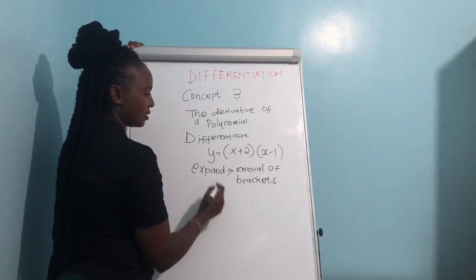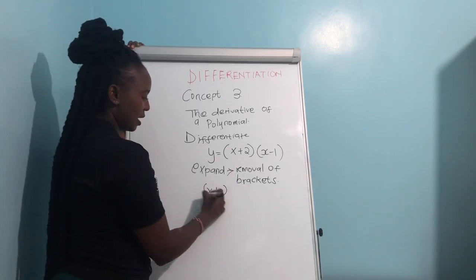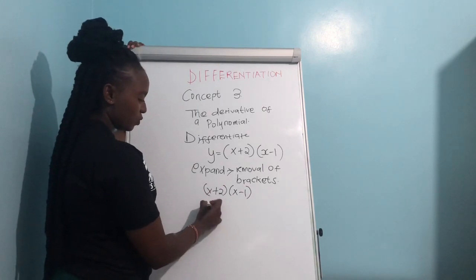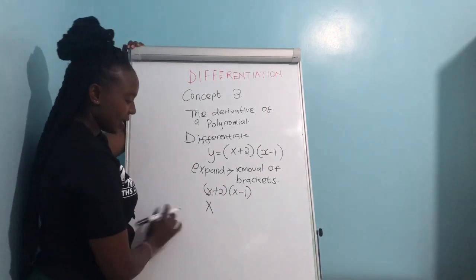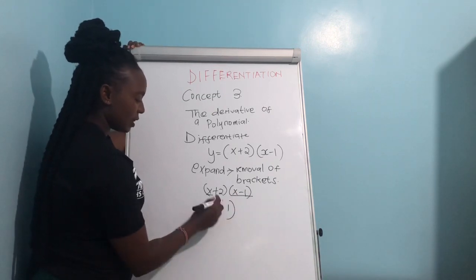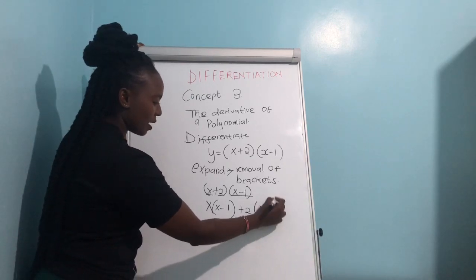So it's (x + 2)(x - 1). You can choose to start with x and then take this whole (x - 1), then positive 2 (x - 1).